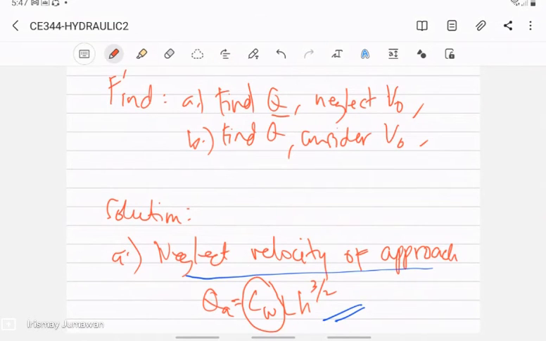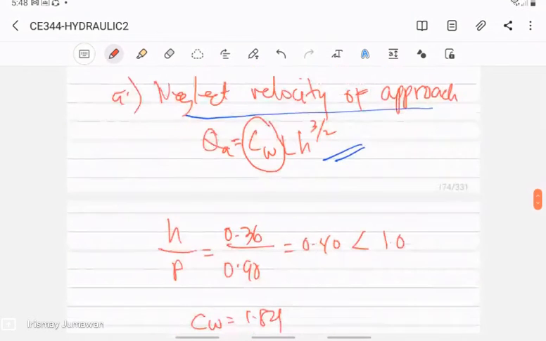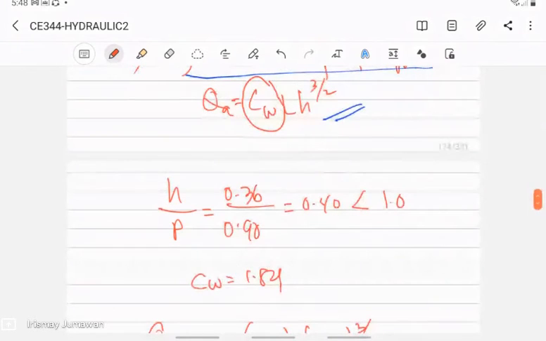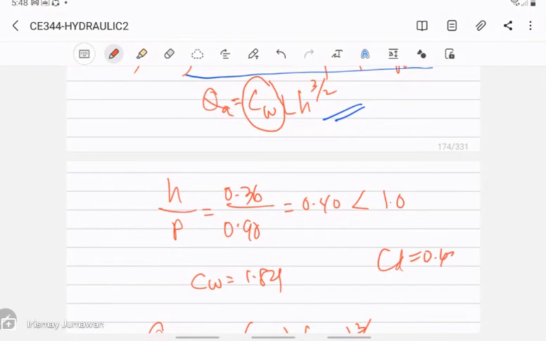What other values can we use? Looking back at the ratio, it is h over the height of the weir. If it is less than 0.4, the Cd is equal to 0.623.